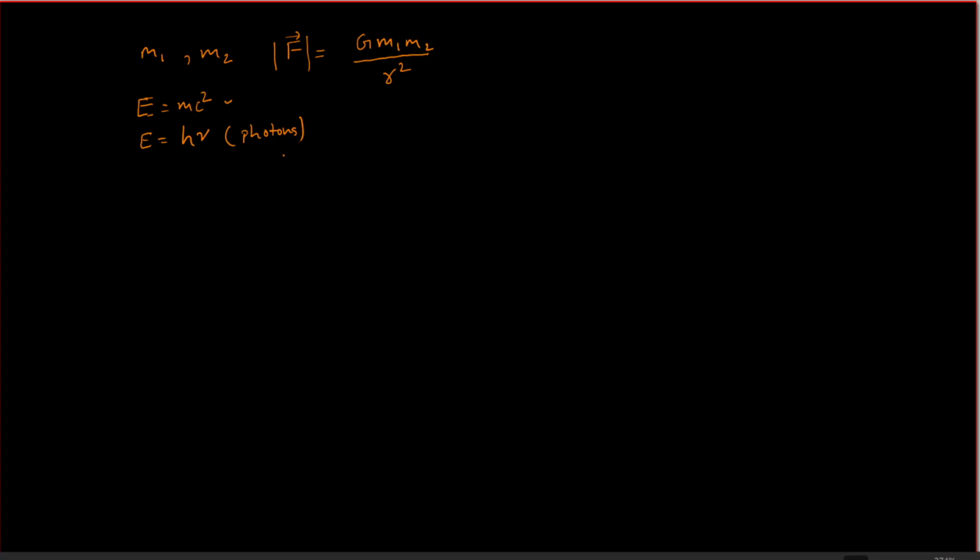Using these two equations, we can assign a mass to a photon of frequency nu. Its energy h nu is given by mc squared, so its mass is h nu by c squared.